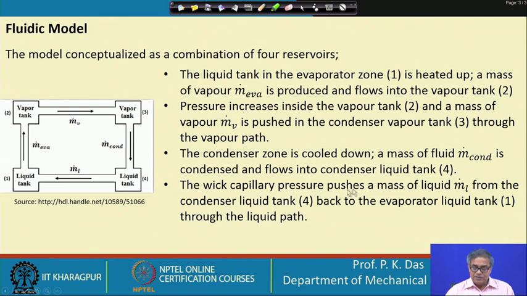The wick capillary pressure pushes the mass of liquid m dot L from the condenser liquid tank 4 back to the evaporator liquid tank 1 through the liquid path. So, 4 conceptualized tanks and 4 conceptualized pipelines constitute some sort of a circulatory system and represent the circulation inside a heat pipe.